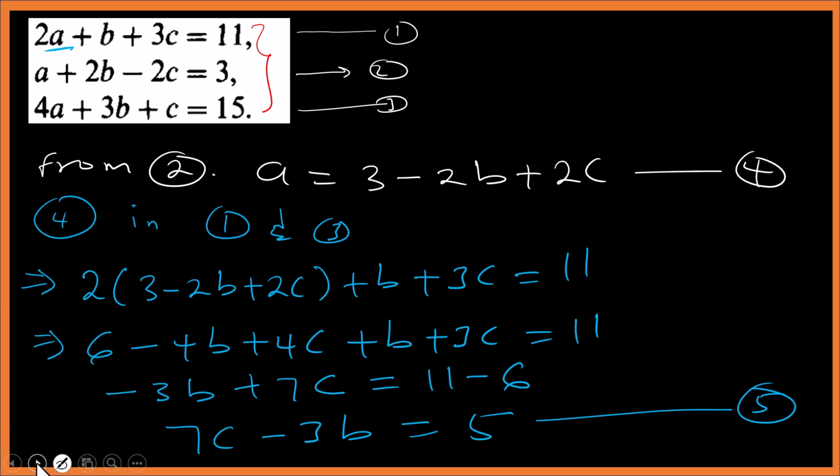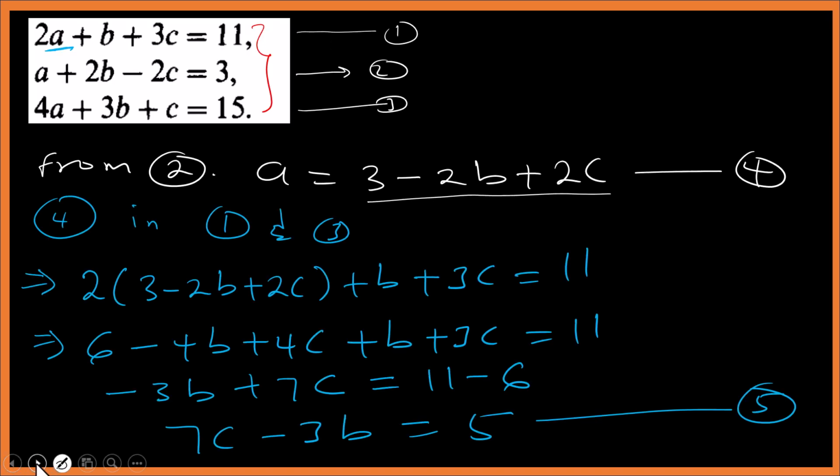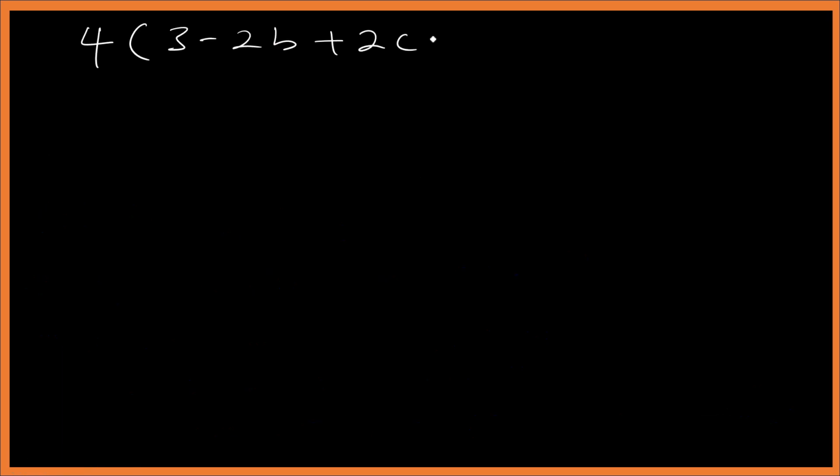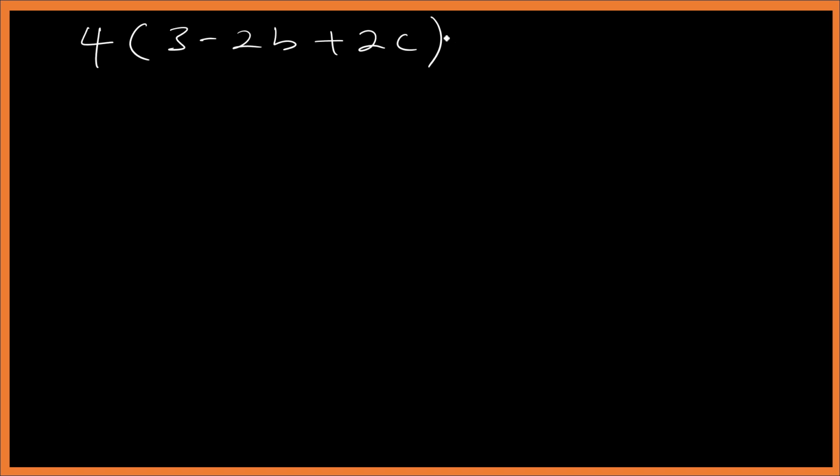The next one will be 4 times a, but a is 3 minus 2b plus 2c. And we have 3b plus c equals 15.